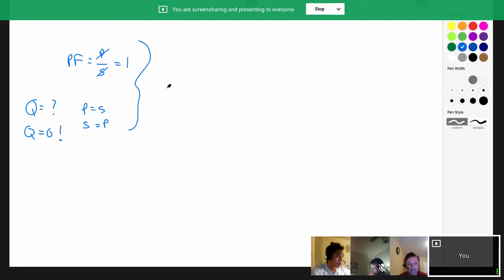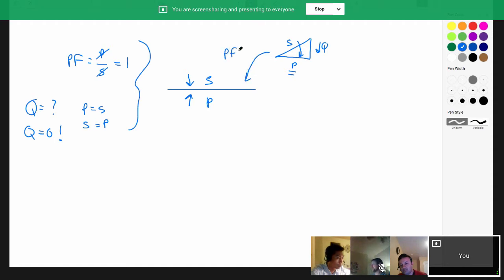So what we're left with is a perfectly straight line where we've got P on the bottom and S on the top. Previously, this was the hypotenuse, and this was that real component. So now it's almost like we went from having a triangle like this, and that Q value decreased all the way while P stayed the same until S just about folded on top of P, and they ended up being equal to each other. So power factor equals 1.